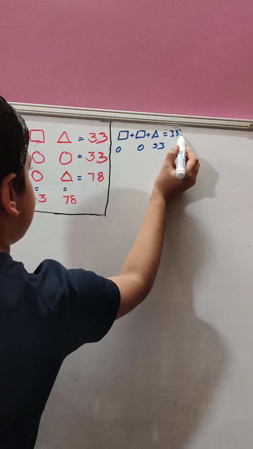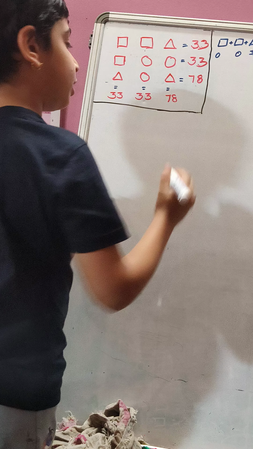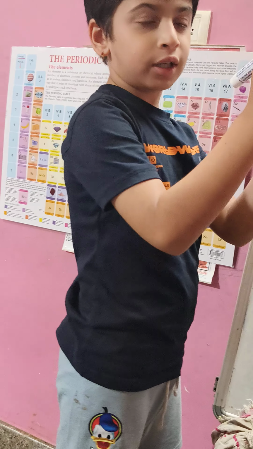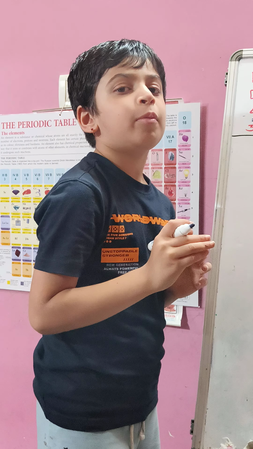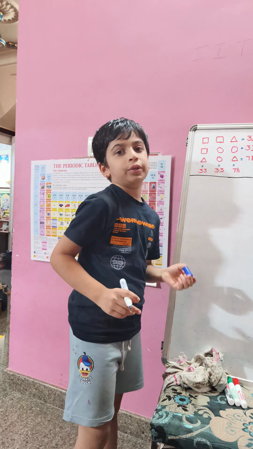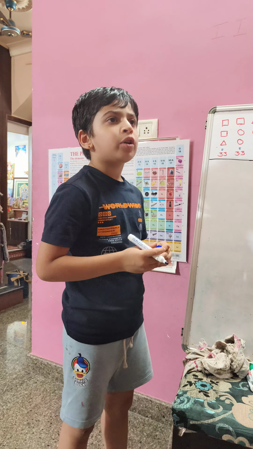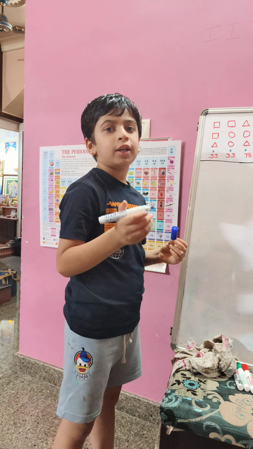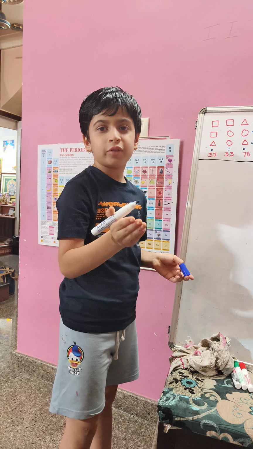So when you see this, an even number is nothing but a number that can be divided by 2. You can take 10 divided by 2 is 5, 5 plus 5 is 10, and 16 plus 16 is 32. 32 divided by 2 is equal to 16. Like that you should divide it.